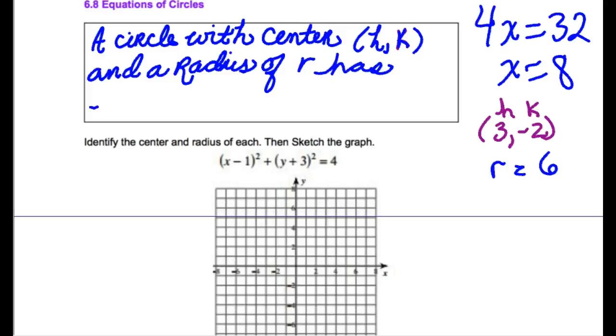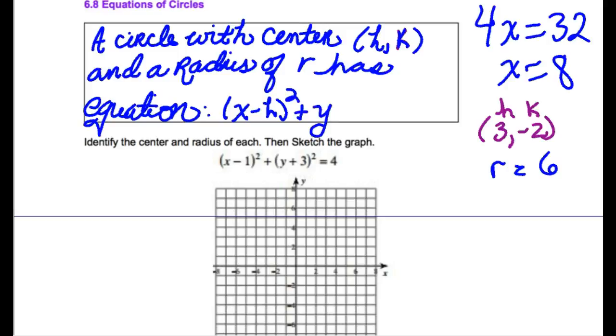Has the equation. This is how that's all related in an equation. And if I were teaching this in a full class or in Algebra 2, we'd prove why. I just want you to be comfortable using it. You say x minus h squared plus y minus k squared, which comes from the Pythagorean theorem, equals r squared.